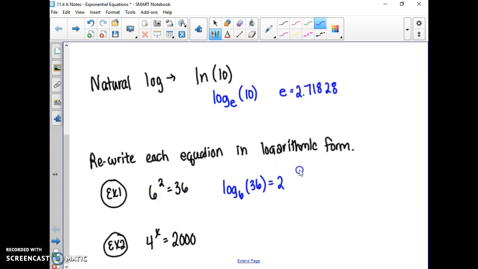The 2 goes over on the other side of the equal sign, and 36 is what we're taking the logarithm of. For example, I've got 4 to the x power equals 2,000, so that would be log base 4 of 2,000 equals x. So that's how we rewrite our exponential expressions as logarithmic expressions.